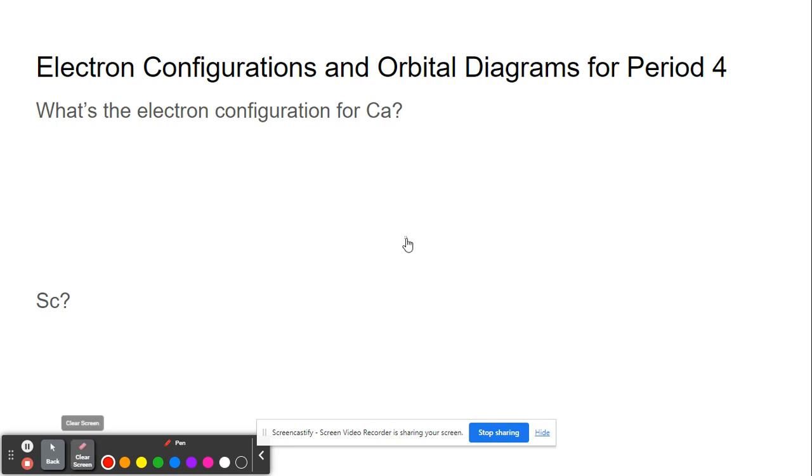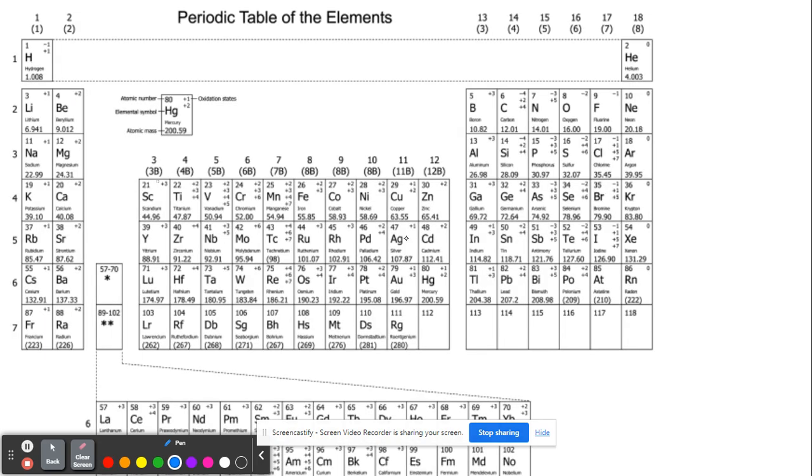Okay, so here's scandium on our periodic table. Wouldn't it be nice if I didn't need to consult that little diagram at the beginning of this slideshow every time I wanted to draw an orbital diagram? You can use the periodic table to help you remember the order of the orbitals.